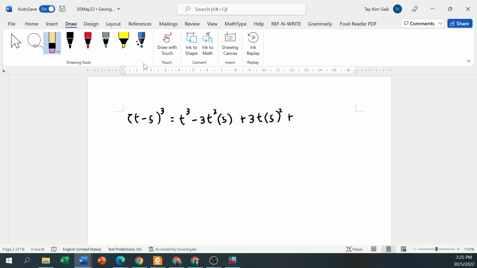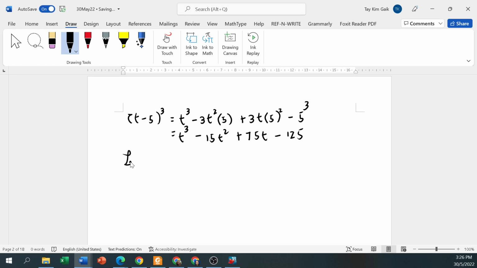Or I do it slowly. Lastly, we have negative 5 cube. So t cube minus 15t squared plus 75t minus 125.